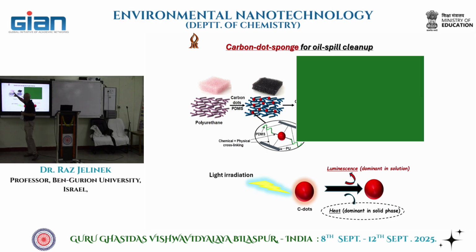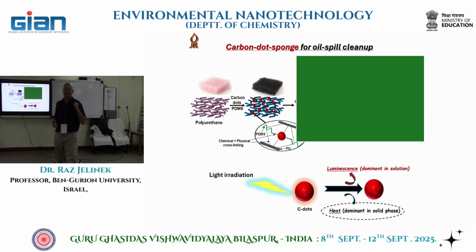Now, there are three reasons why we use polyurethane. One reason is that it's cheap. The second reason is that it is very porous, meaning that lots of liquid solution can go inside.